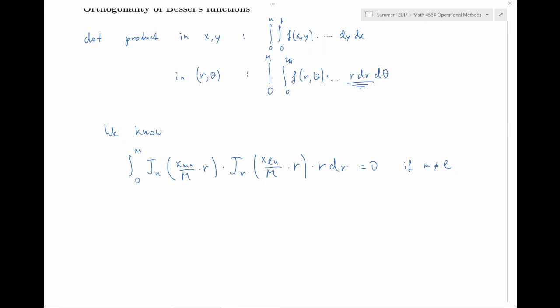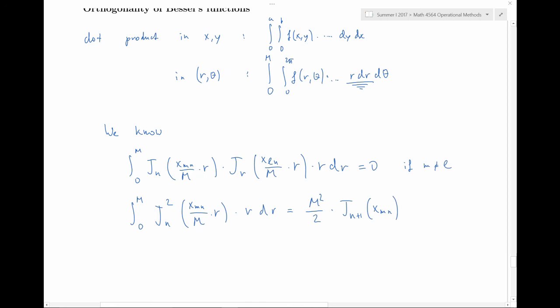Now what about the norm of J_n? If I integrate J_n squared of x_mn over M times r, times r dr, then I will get M squared over 2 times the Bessel function of order n plus 1 at the root.